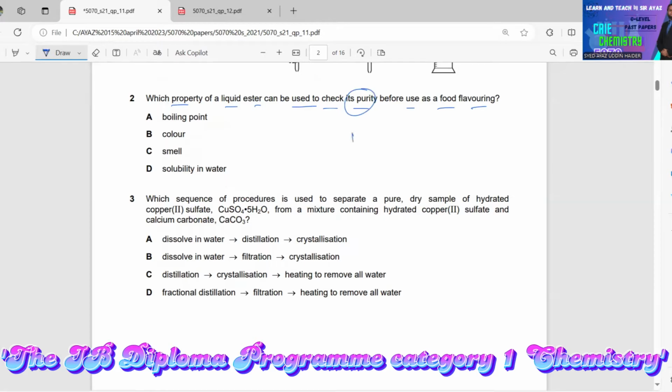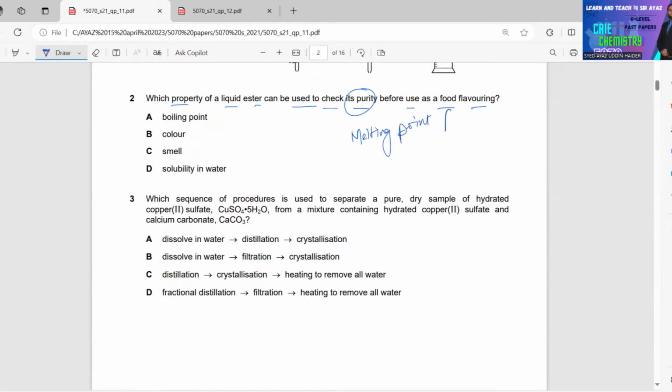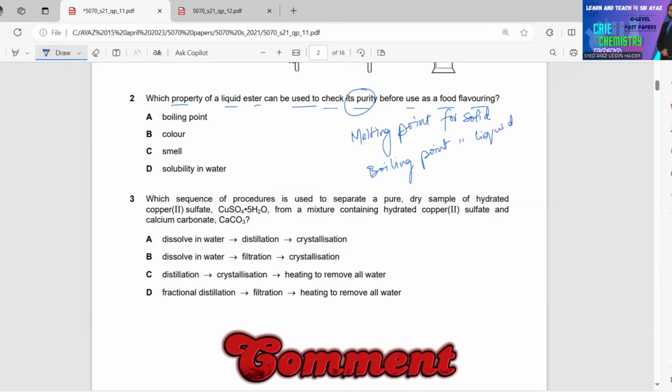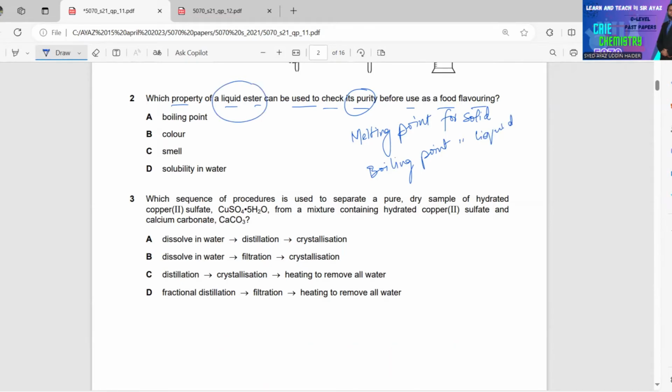Melting point for solid, and boiling point for liquid. And they have mentioned it's liquid ester, so it must be boiling point.